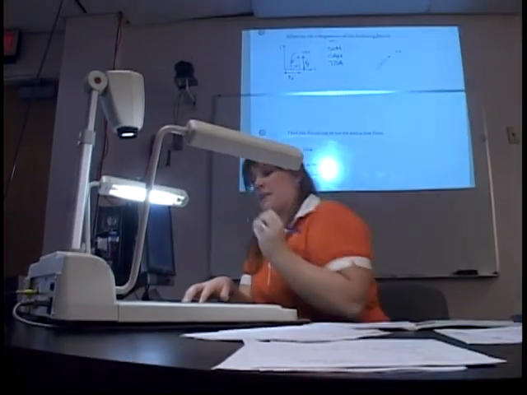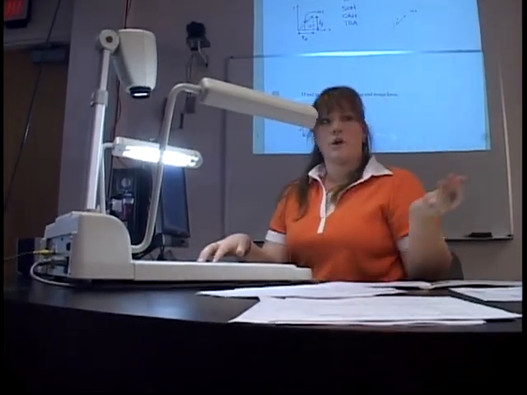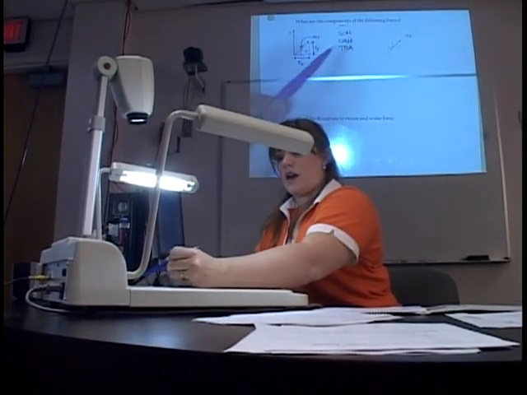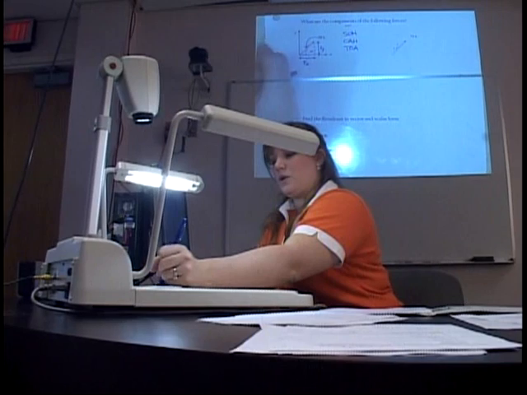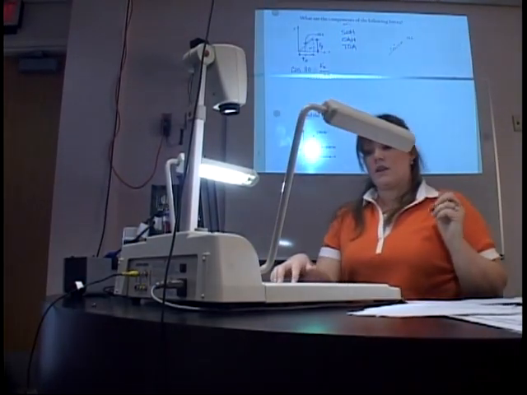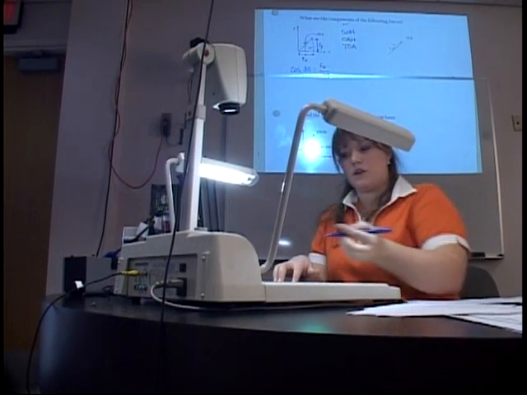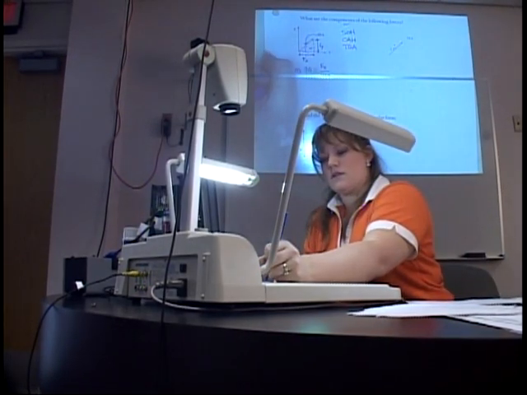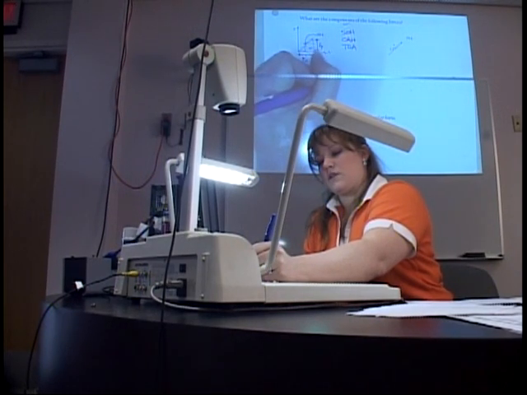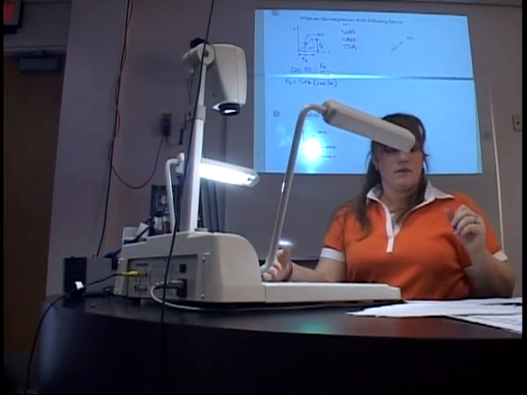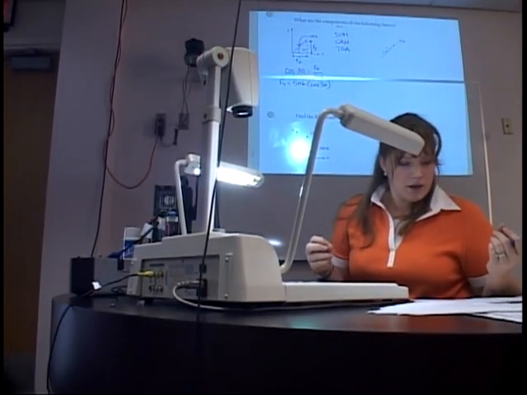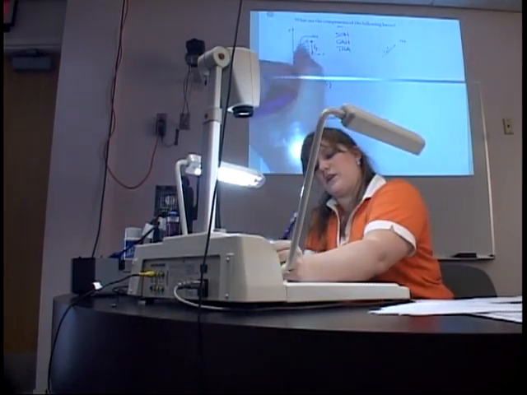Right, you want cosine, because you know the hypotenuse is 50, and you want the adjacent side, and you know the angle. So you'll write cosine of 30 equals Fx over 50 kips. And then you just use algebra. You can solve for Fx, which would be 50 kips times the cosine of 30. And you plug that in your calculator, and you should get 43.3 kips.